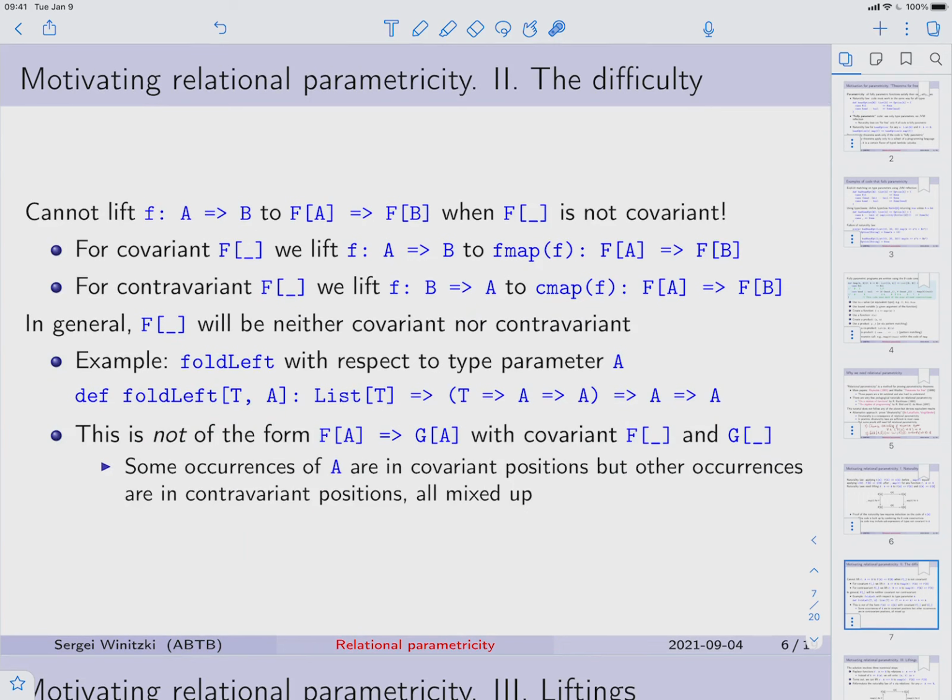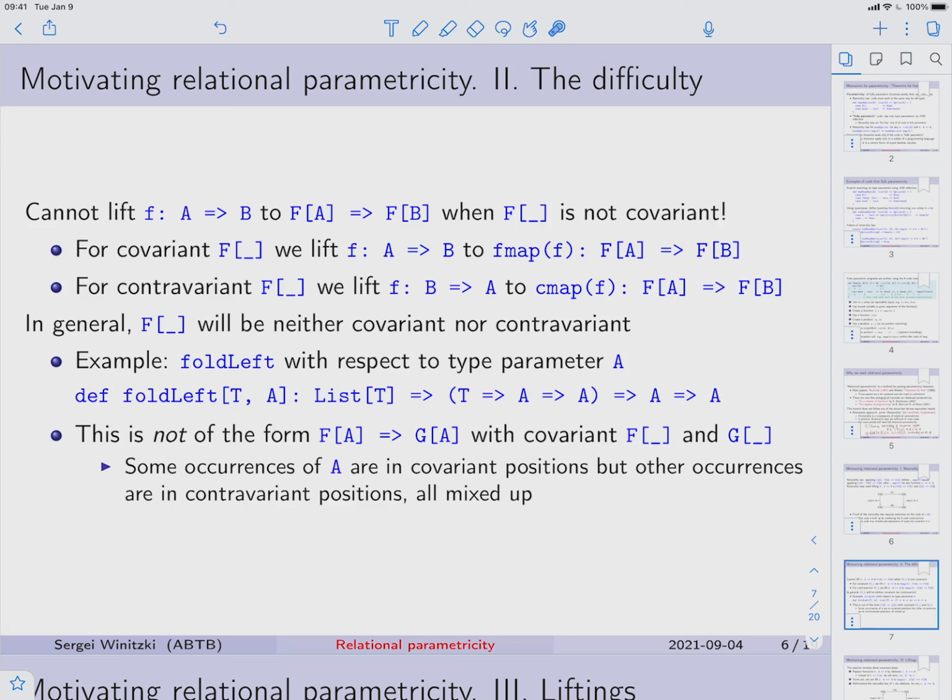Another example of this is fold left, which you can write like this. With respect to the type parameter A, it is neither covariant nor contravariant. It is not of this form. Also with some covariant f and g, you cannot write it in that form. So it's too complicated, because some occurrences of the type constructor are in covariant position, like this one or this one.